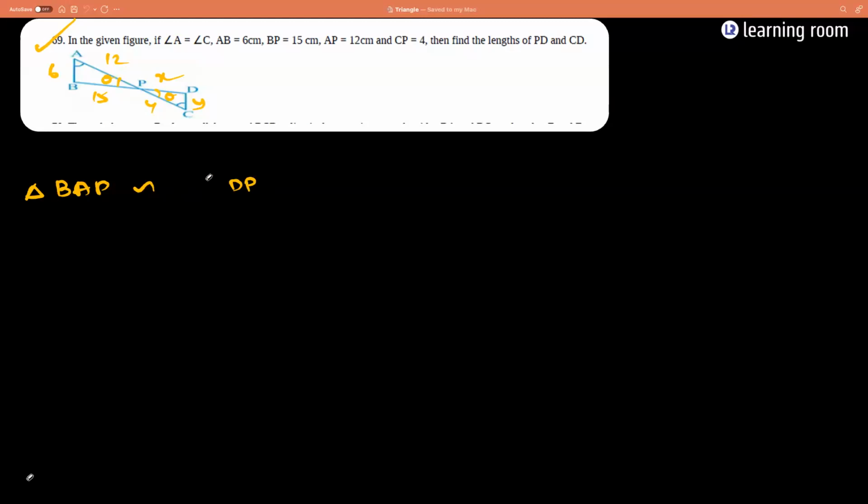Angle A is angle C, so A is here means DCP. Now it's correct. So AB by DC is equal to AP by CP is equal to BP by DP.